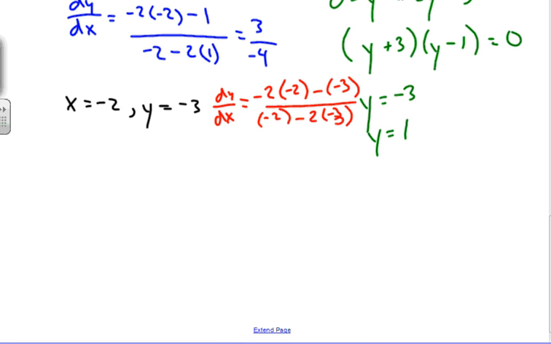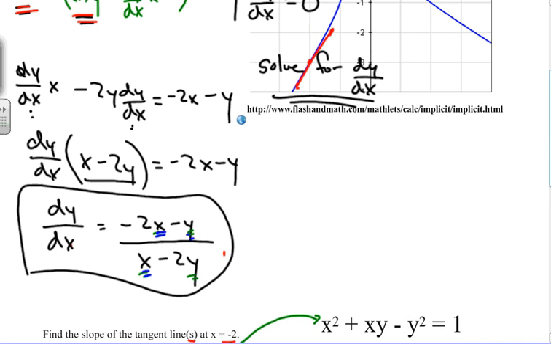Look at this: 4 plus 3, which is 7. Negative 2 plus 6 is going to be 4, so 7/4. Positive 7/4, and that makes sense because it's increasing.